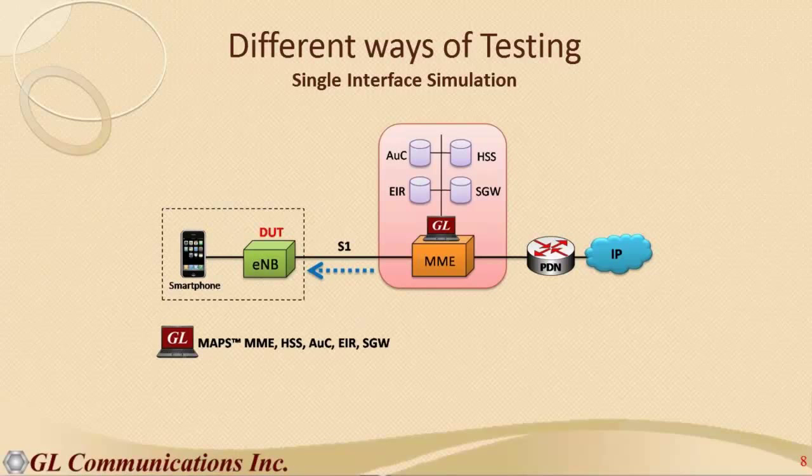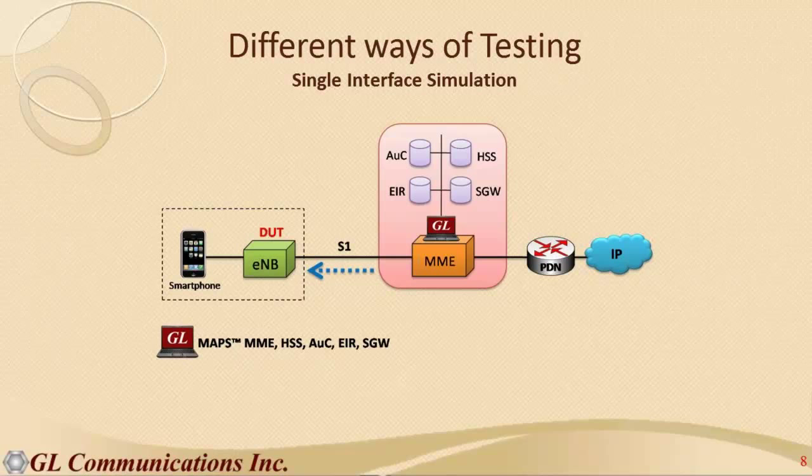Now let's see how this tool can be useful in testing your equipment. There are different ways of testing it. One is single interface simulation, where the user has his own DUT as an eNodeB. He wants the network to be simulated so that he can test his own eNodeB.